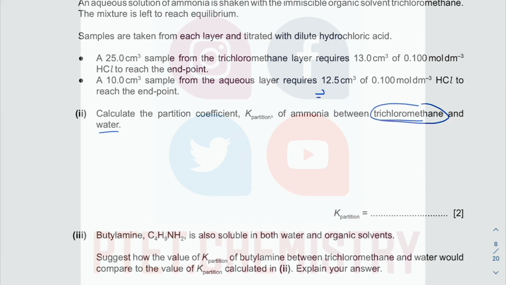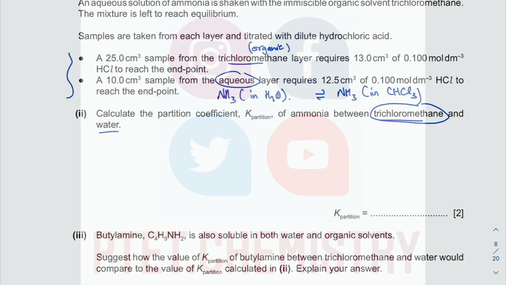So that means our equation will be NH3 in CHCl3. Trichloromethane is mentioned first, so it's on the right hand side of the equilibrium. And you have NH3 in water. You do a titration, and it says that in the trichloromethane layer, so this is the organic layer, and this is the aqueous layer containing water, containing organic compound.